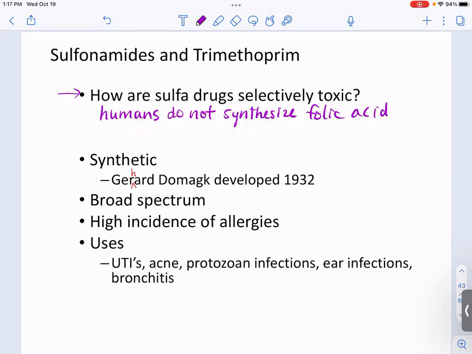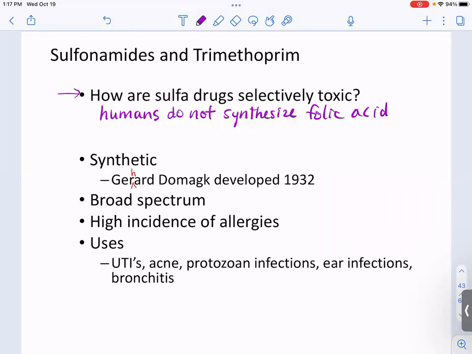I realized that I misspelled Gerhard Domagk's name, but remember we talked about him. He was the German scientist that in the 1930s came up with the first sulfa drug. Again, that was a very narrow spectrum. It only worked against streptococcus, but again, that was a big deal at the time. They're a little bit more broad spectrum now.